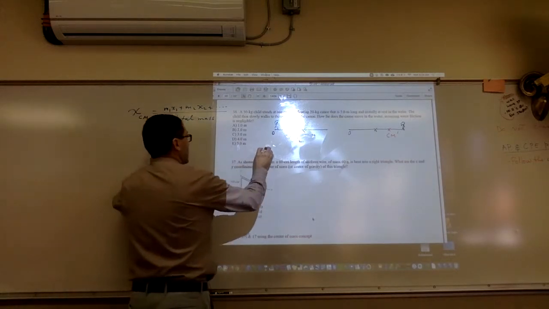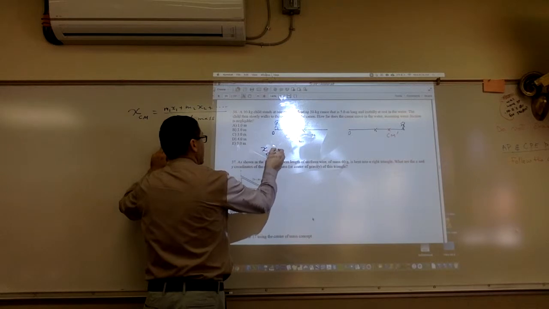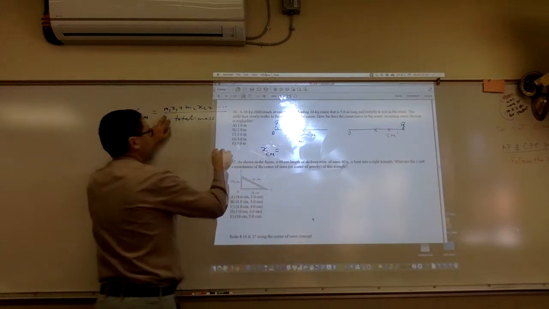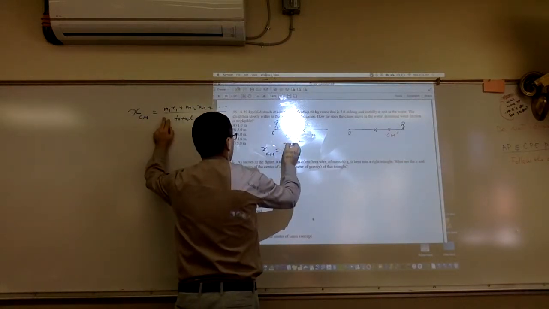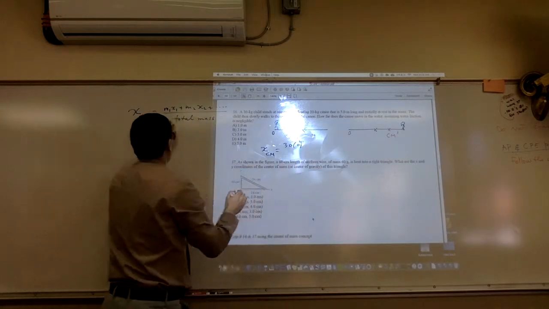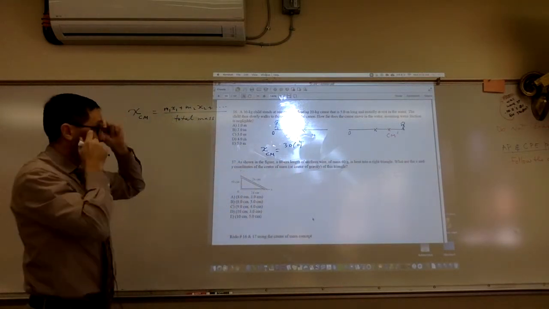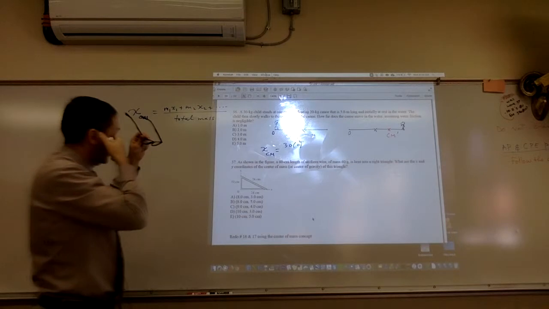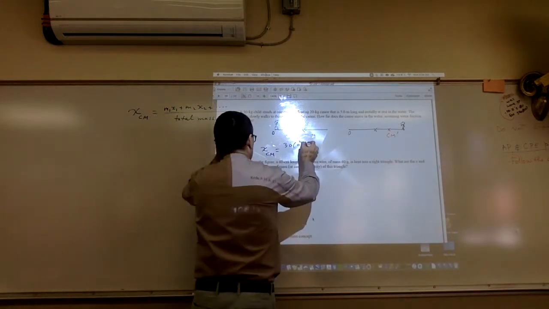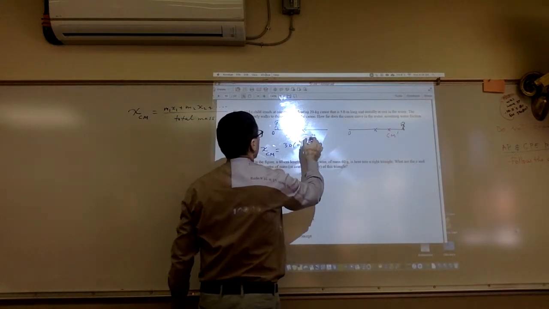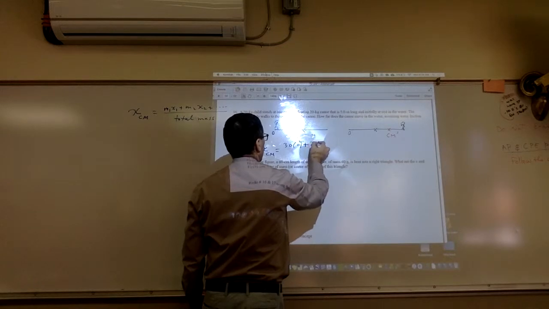So I'm going to say the x for the center of mass, in this case, is the mass of the kid, which is 30, times 0. The position is 0 based on what I did here, okay? Plus the mass of the canoe, which is 20.